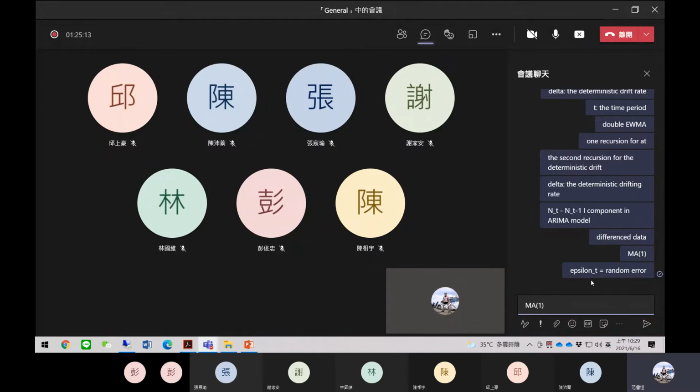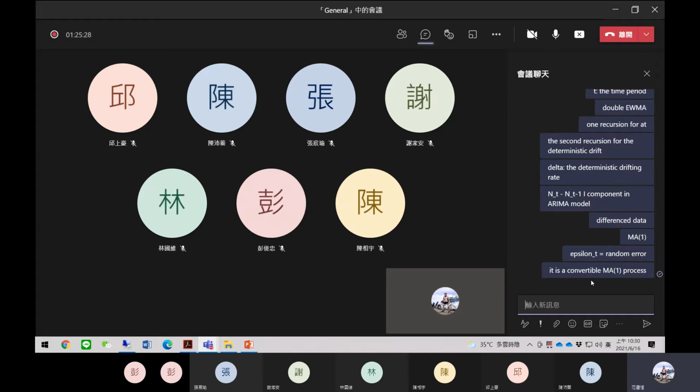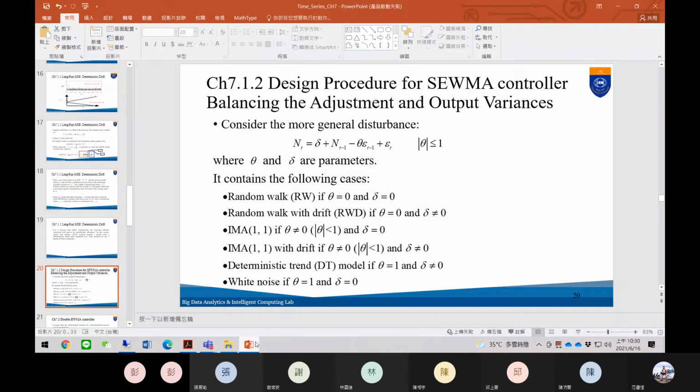It is an invertible moving average 1 process. Then delta equals 0.